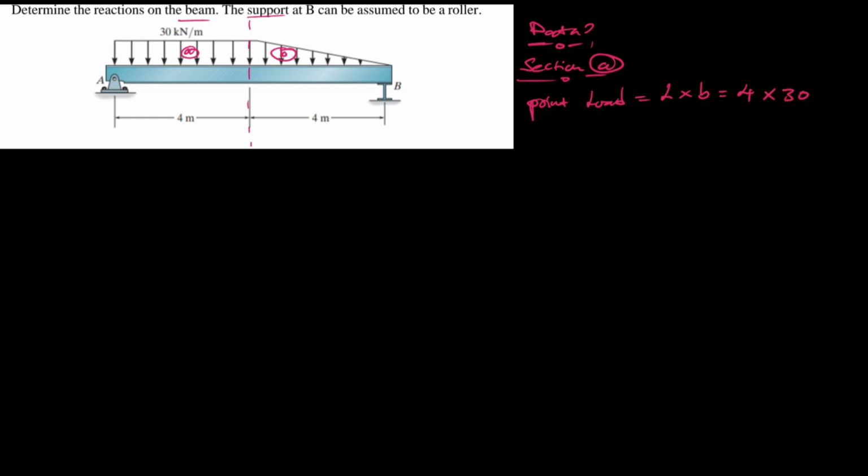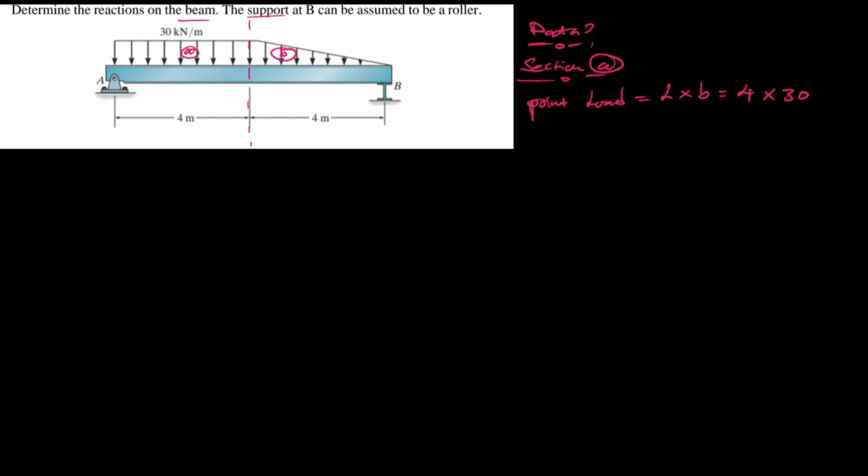Now, with that at hand, we can just apply algebra, and we know the value of 4 times 30 will give us 120.